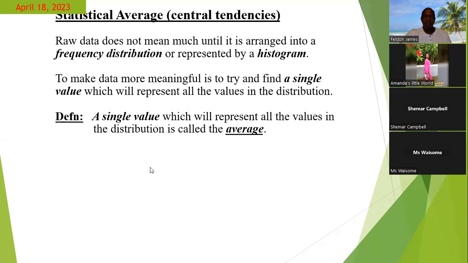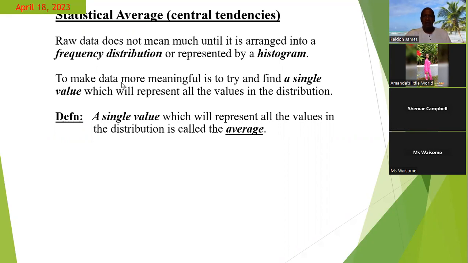Now, in statistics, we have three different types of average that are frequently used, right? And so we're going to look at those. So it says here, raw data does not mean much until it is arranged into a frequency distribution or represented by a histogram.